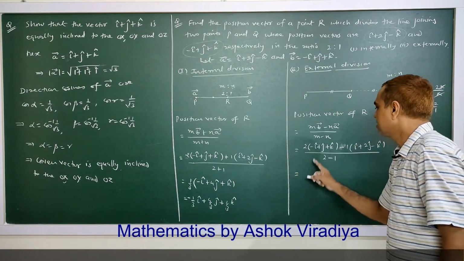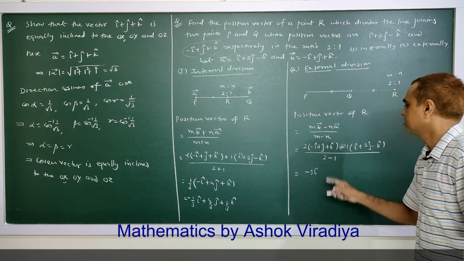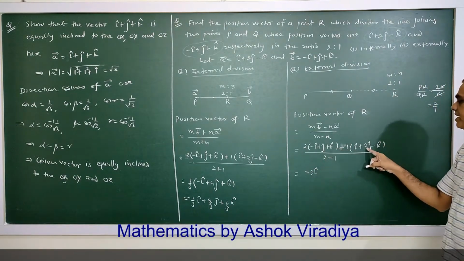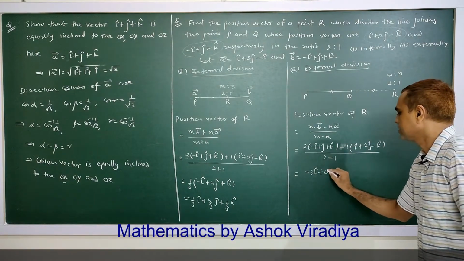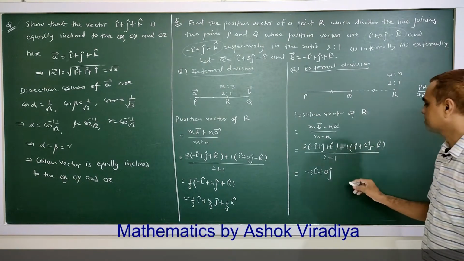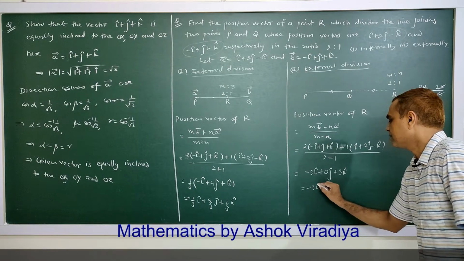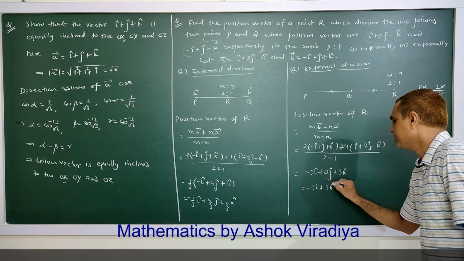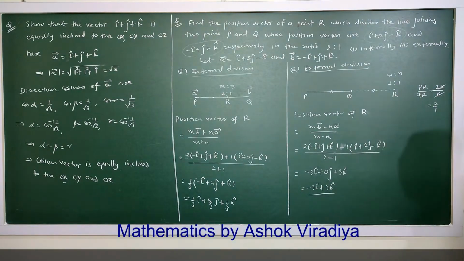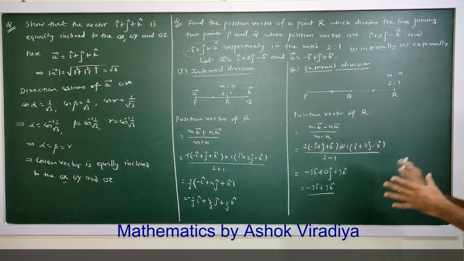So this is minus 2i minus i, that is minus 3i, 2j minus 2j is 0j, 2k plus 1k, that is 3k. So the vector is minus 3i plus 3k. This vector is the position vector of the dividing point if R divides externally. So this is the application of the section formula.